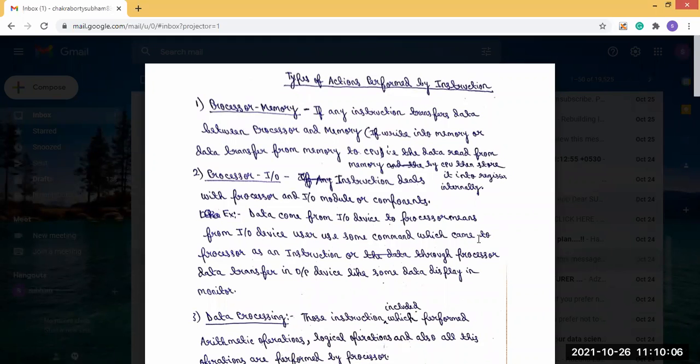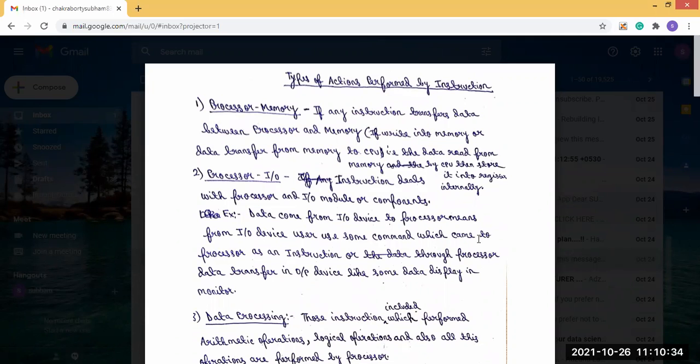So when we are writing this command, this is the example of input output device to processor. The instruction is going from the input output device to the processor.